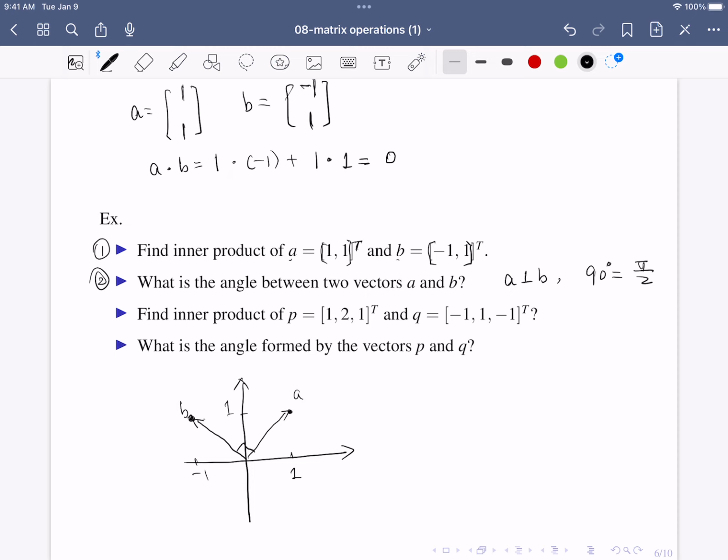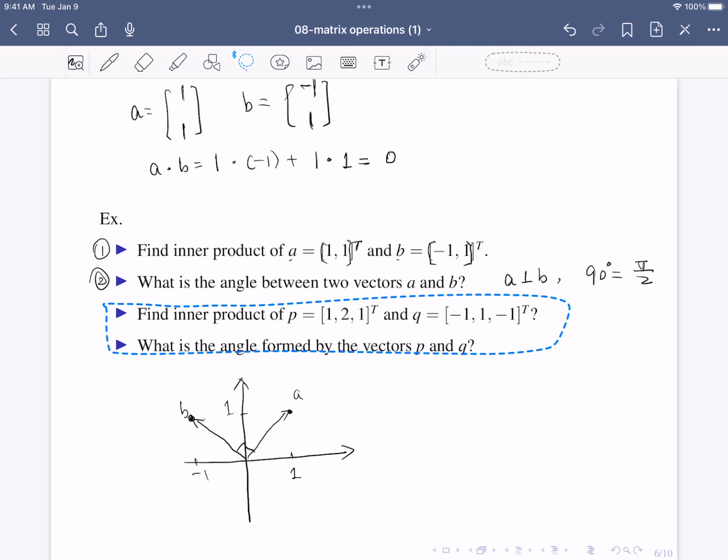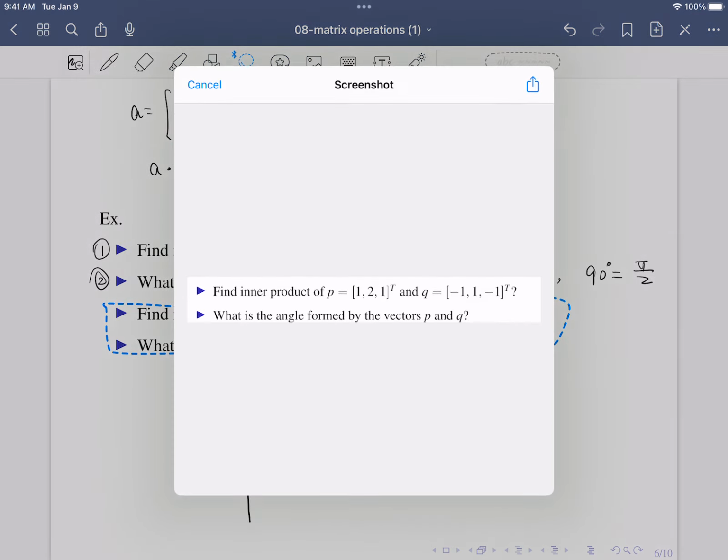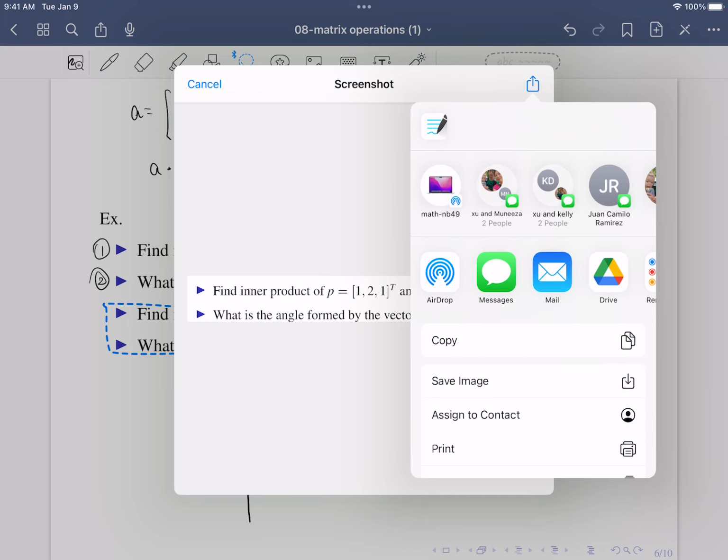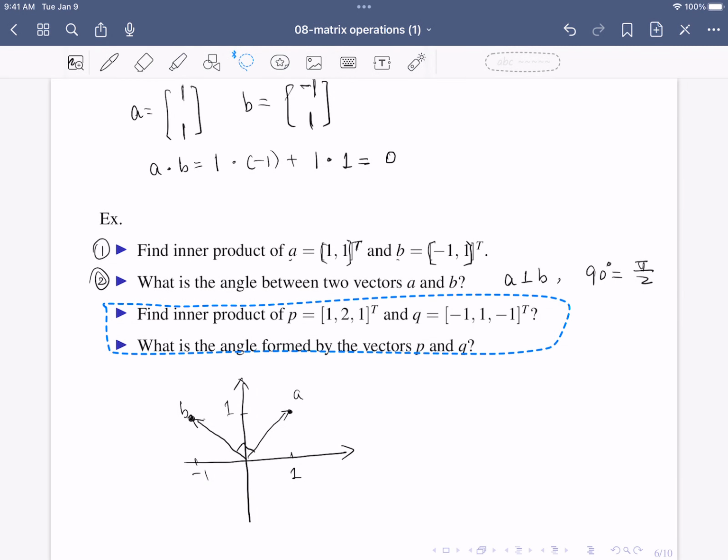All right, now we look at the next two questions, very similar, but the only difference is P and Q, two vectors, are three-dimensional vectors, and we want to know the inner product, and then their angle.